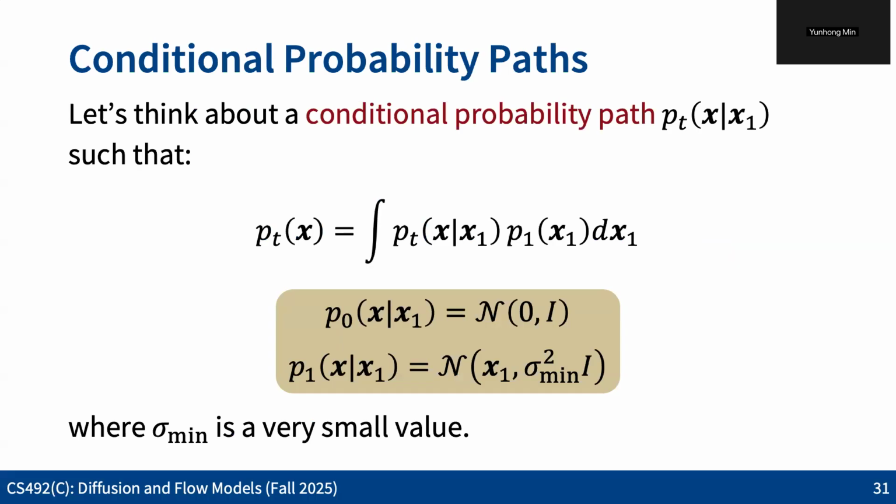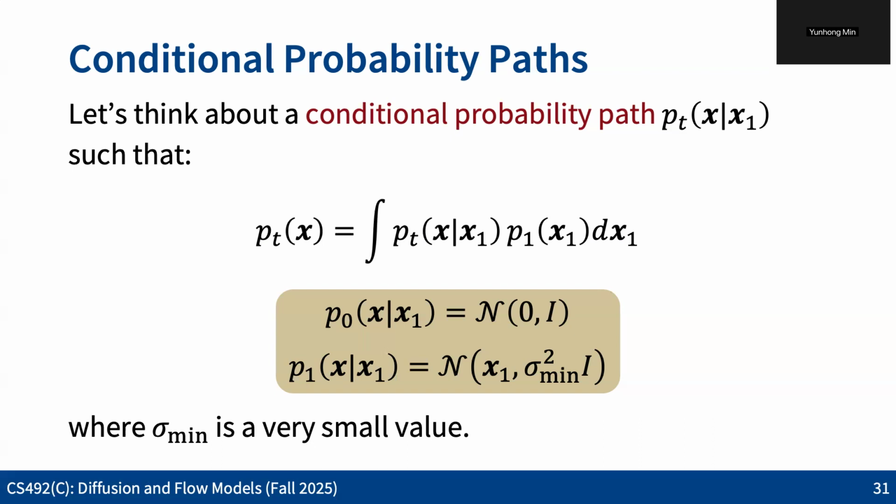What we need is the probability path for the time step t. But instead of looking at that directly, we are going to consider the conditional probability path, conditional flow map, and also the conditional vector field.